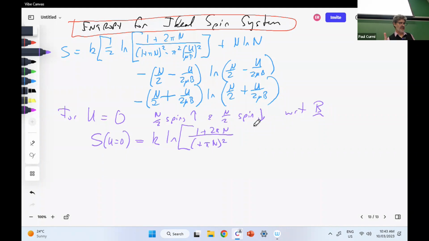Give me a sec, I gotta think. Yes, hang on. This to a half. Okay, there was a half out the front. I've popped the half up to there. Okay, times 2n. We derived this before, sorry. And this is S max.